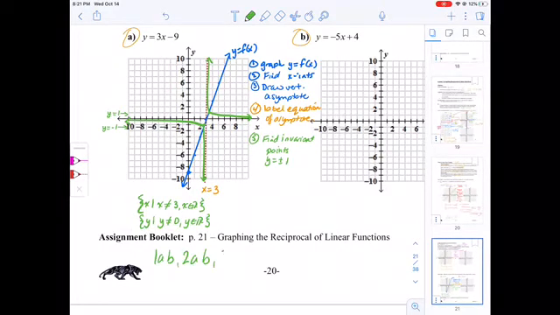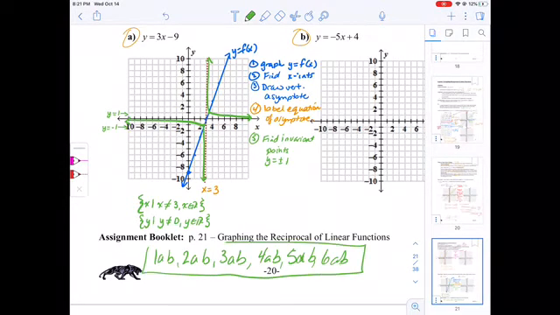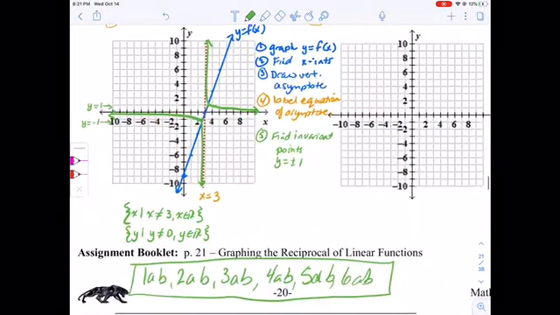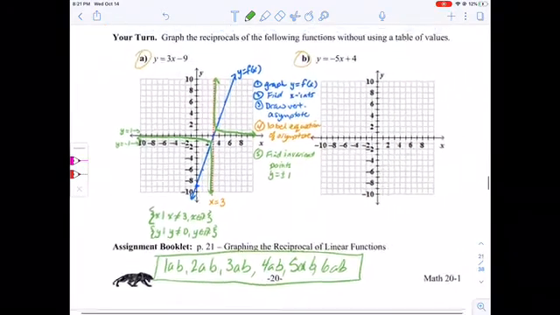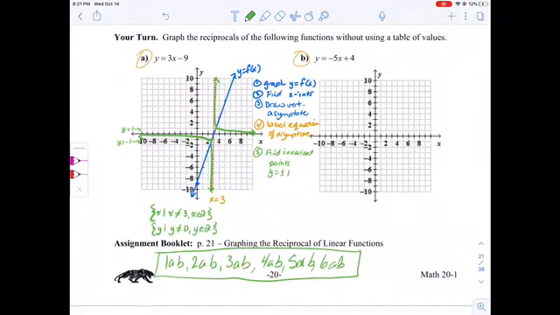Okay, so hopefully you got the same equation or same graph that I did. I would definitely recommend you do some homework, 1AB, 2AB, 3AB, 4AB, 5AB, 6AB. Check your answers. We'll save question B for review in class.